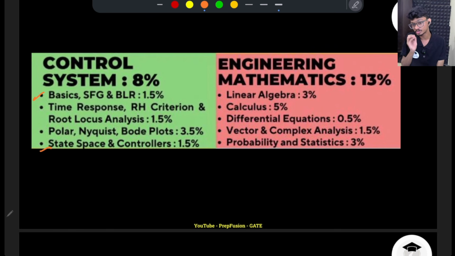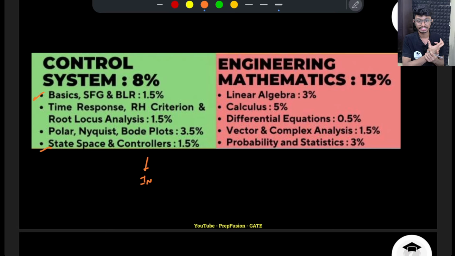controllers, maybe it is not super important for EE aspirants, but for IN aspirants, controllers is very important. So if you are a GATE EE aspirant and if you are preparing for IN, controller becomes a very important topic. If you see the previous year questions, there will be at least 4 to 5 questions from controllers only, and it's not like it is very in depth.